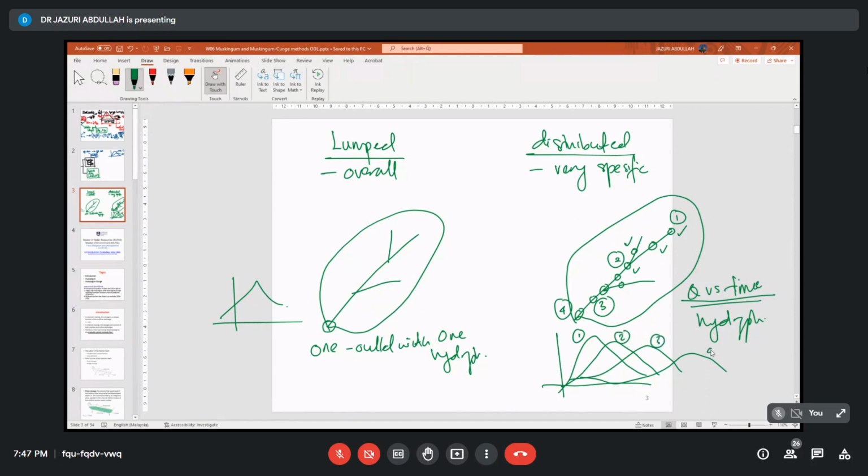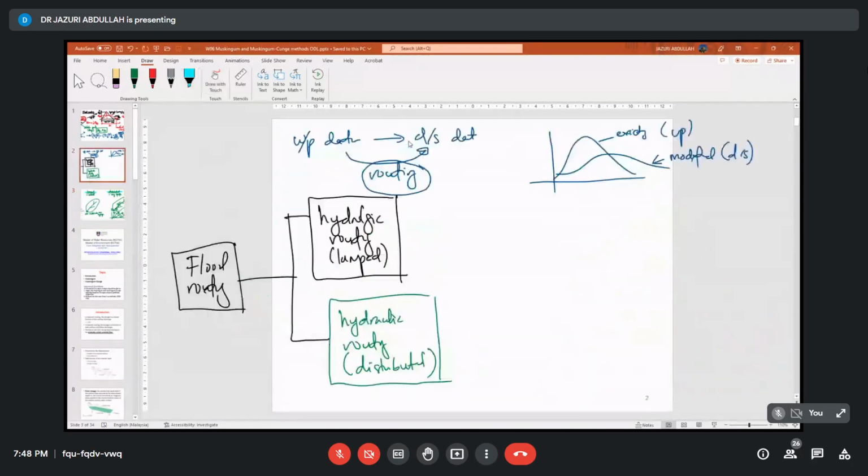Okay, so this is the difference between distributed and the LAM model. Itu yang tadi saya ceritakan. So I mentioned about the hydrologic model, so basically kita akan kenali dia sebagai LAM model, and also for the hydraulic routing kita akan gunakan distributed models.